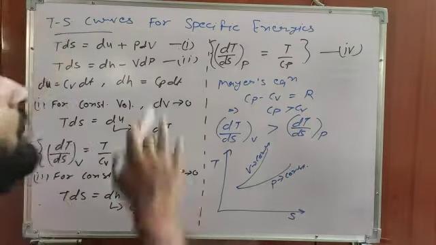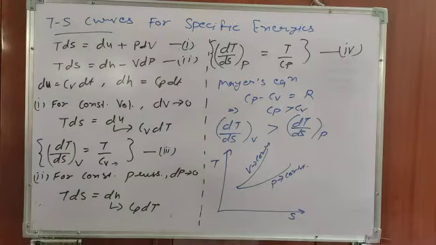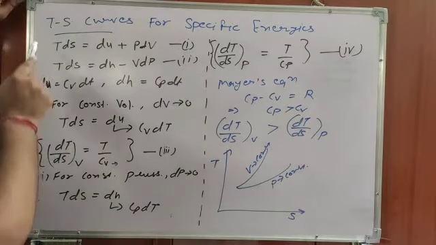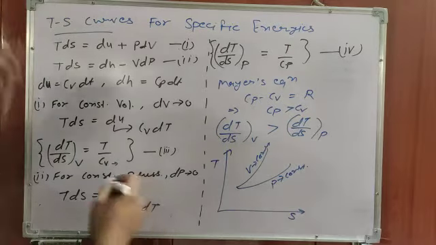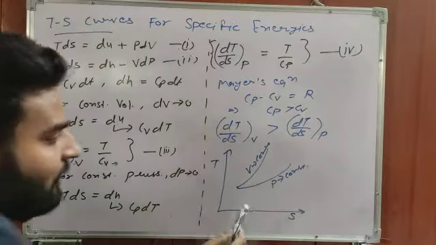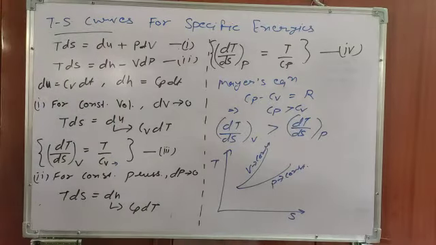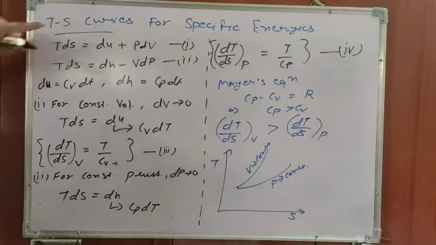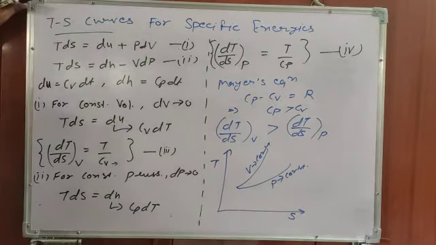So this is the basic relation that we have found from the TdS equation, and here we also relate Mayer's equation. From this we are plotting this equation. This is the TS curve for specific energy.